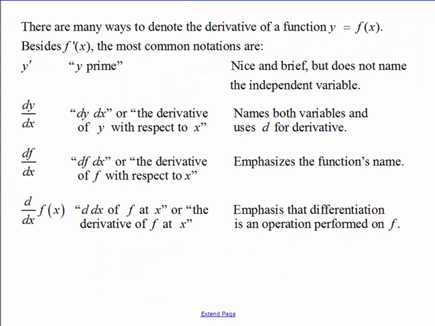Now our notation for derivative: y prime, dy dx, the derivative of y with respect to x, where x is your independent variable. df dx, so derivative of some function, or d dx of f of x. All of these, you need to recognize, mean the derivative with respect to x.